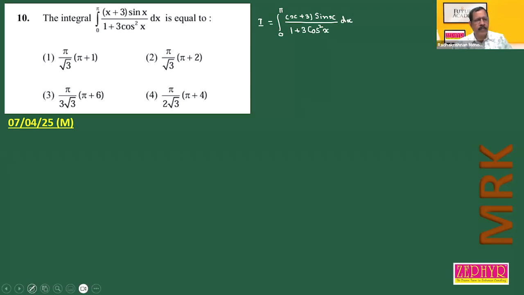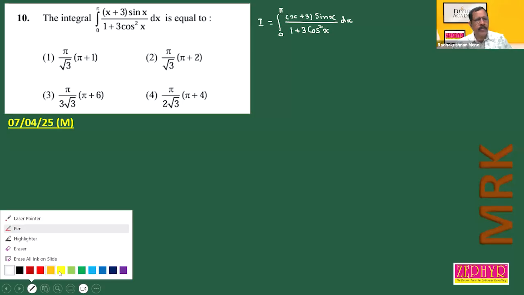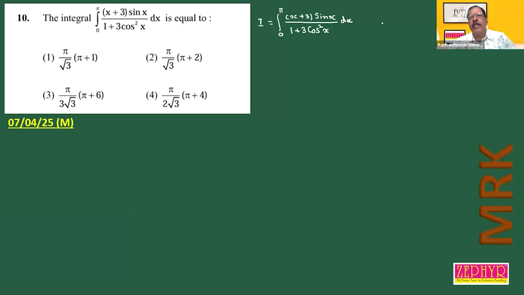Okay. We are using the property, same property only, but this way I am using. അതിൻ്റെ തന്നെ simplified form.